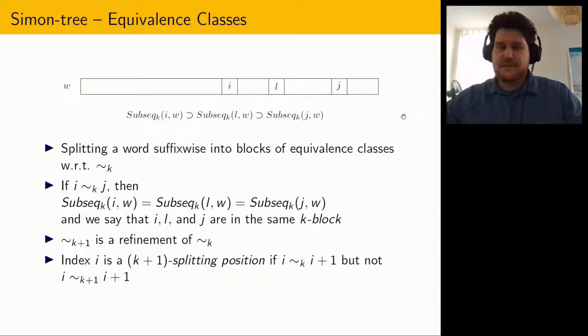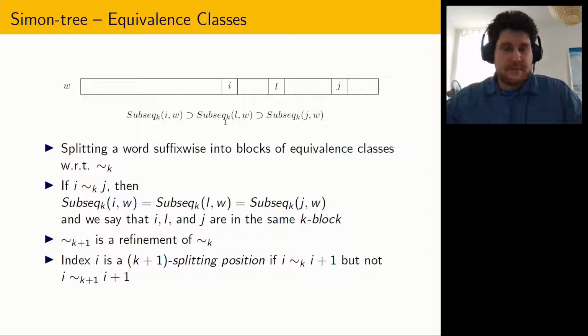First, we note that if j is larger than i, then the subsequences that start at position j or later are contained in the set of subsequences which start at position i or later. So if we additionally let these two sets be equal, then all positions between i and j will be in the same equivalence class as i and j.